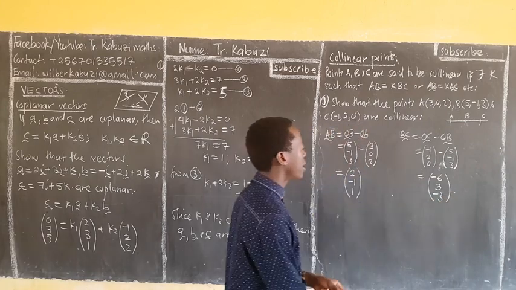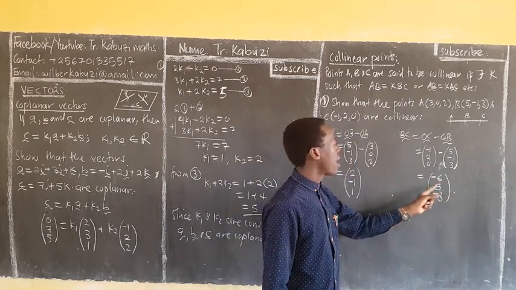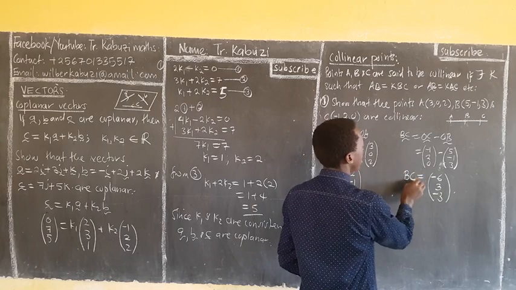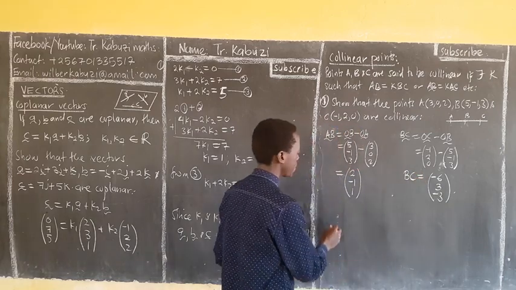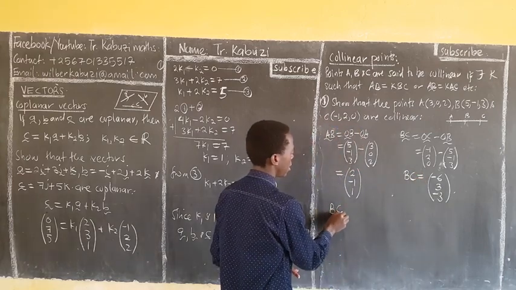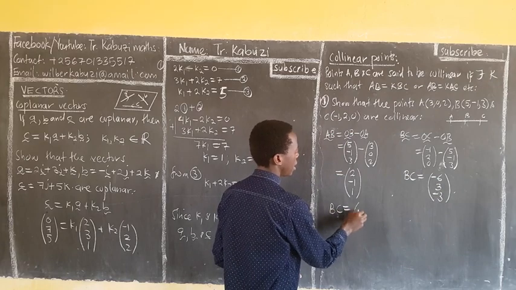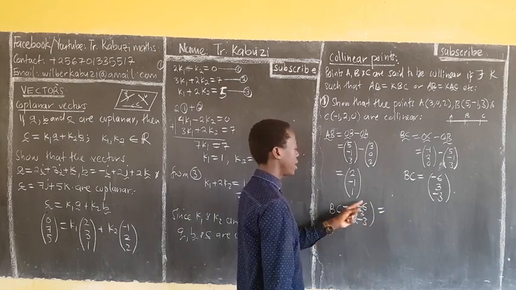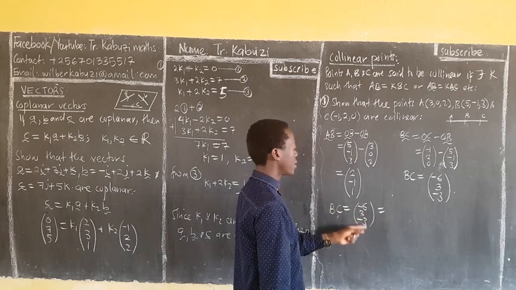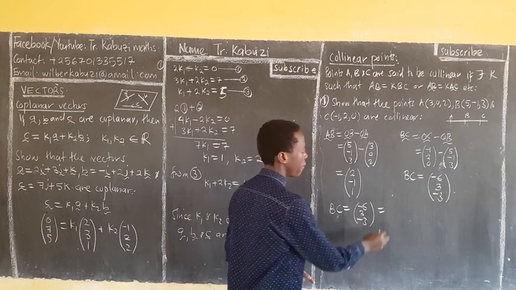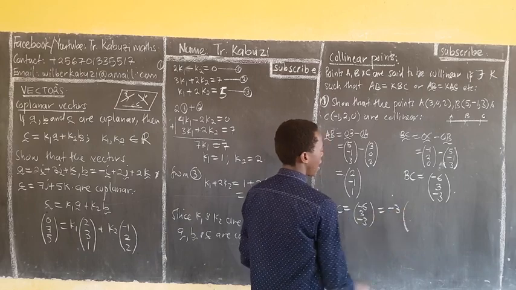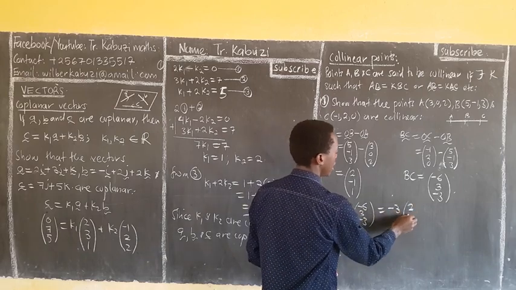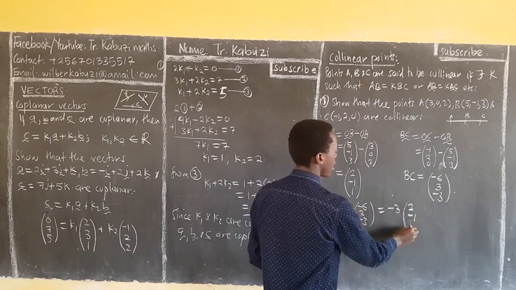So now you check, our BC is equal to (-6, 3, -3). You see that there is a common constant, negative 3. If I factor out negative 3, I'll have here 2, here negative 1, and here 1.